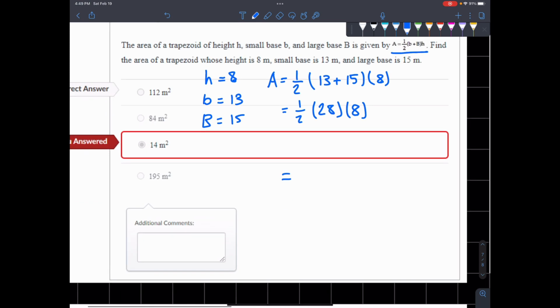So that is going to be 14 times 8, because we can multiply the 1/2 times the 28. Then 14 times 8 is 112. And make sure you remember meters. This is area, and we're using meters. So our units are going to be meters squared. So that's going to be the answer.